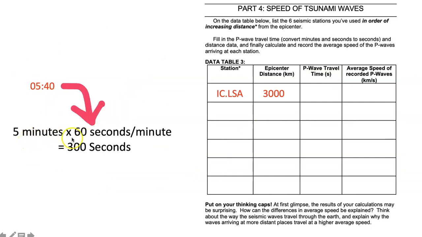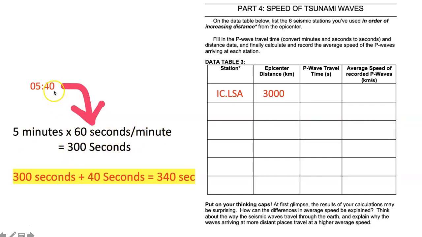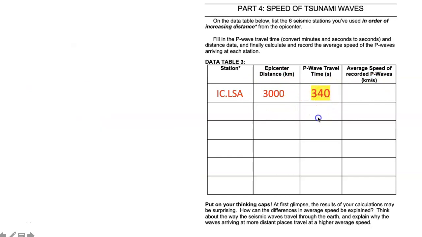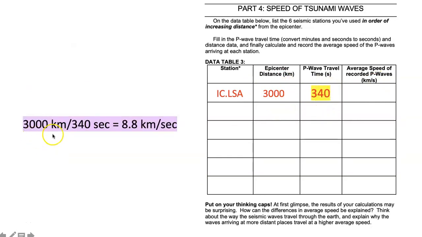So the 5 minutes times 60 seconds in a minute is 300 seconds, and then we add the 40 to it. So we get a total of 340 seconds. So that's what we're going to put in here. Finally, the last column wants to know the speed in kilometers per second. So we take the kilometers and we divide it by the seconds. So 3,000 divided by 340 is 8.8 kilometers per second.